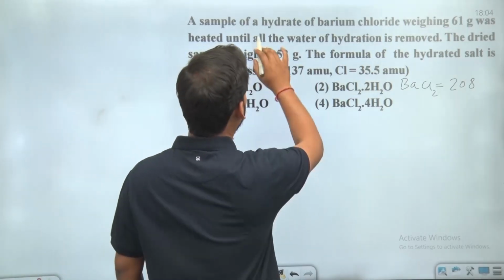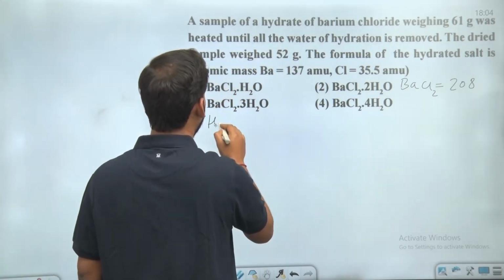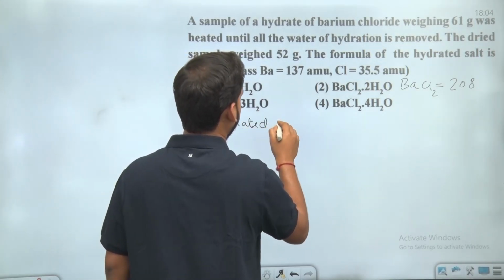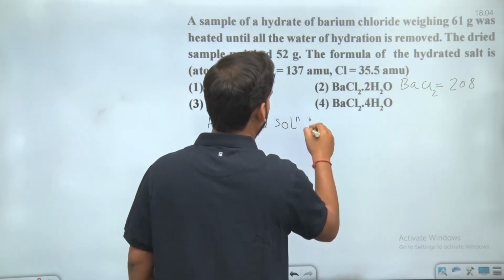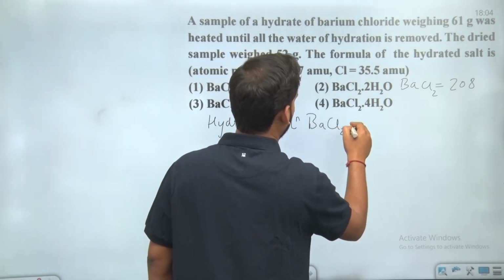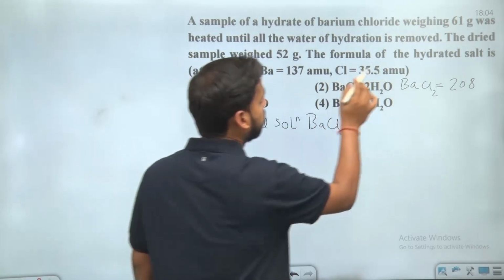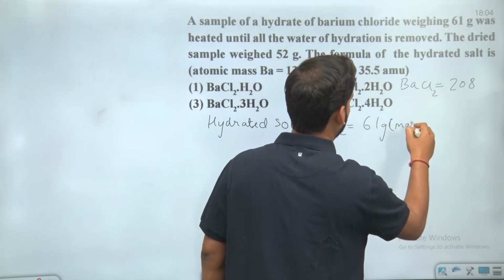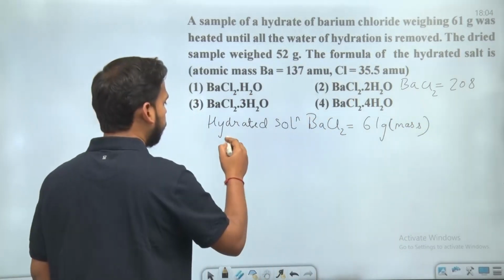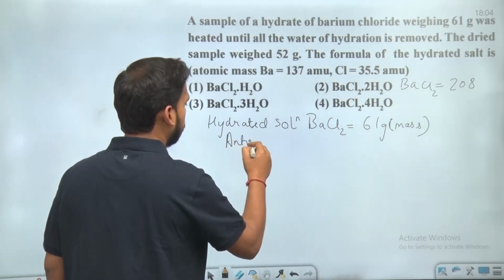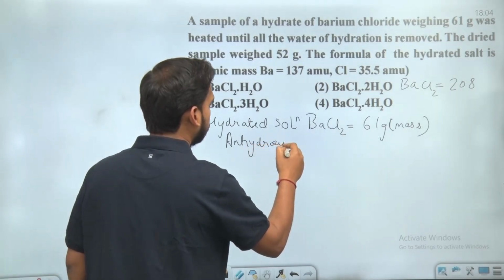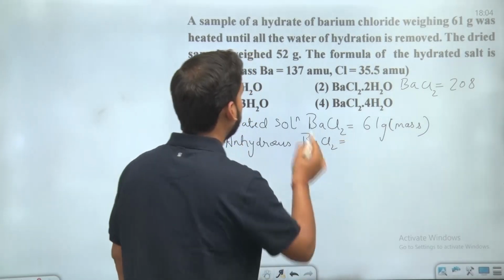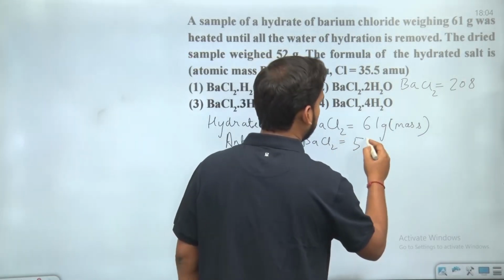So the hydrated BaCl2 has a mass of 61 grams. Similarly, the anhydrous barium chloride is 52 grams.